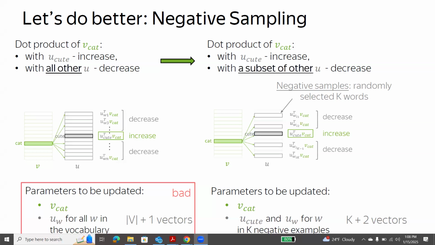But how to justify this idea? Why can we decrease the similarities only of a few words instead of the entire dictionary? What do you think? What is the justification?